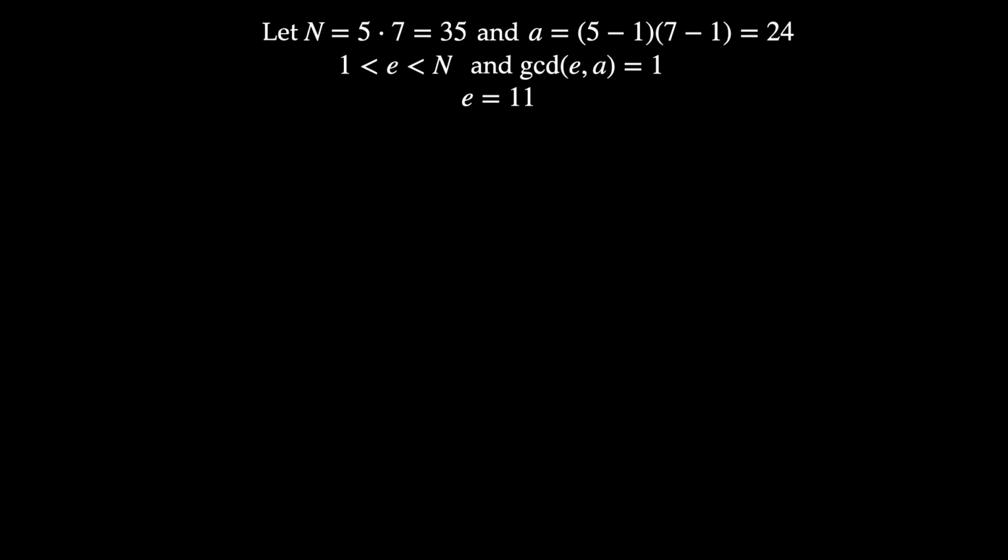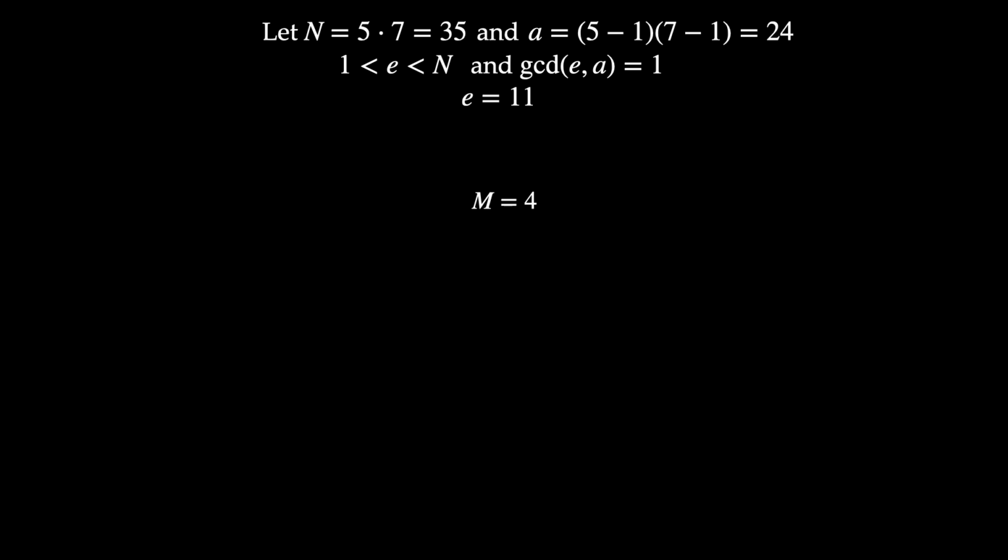Next, we need to choose a message. For now, we can just assume that our message is a number and they have some way of converting text to number. In this case, let the message be 4. So now to encrypt our message, we will take 4 to the power 11 mod 35.